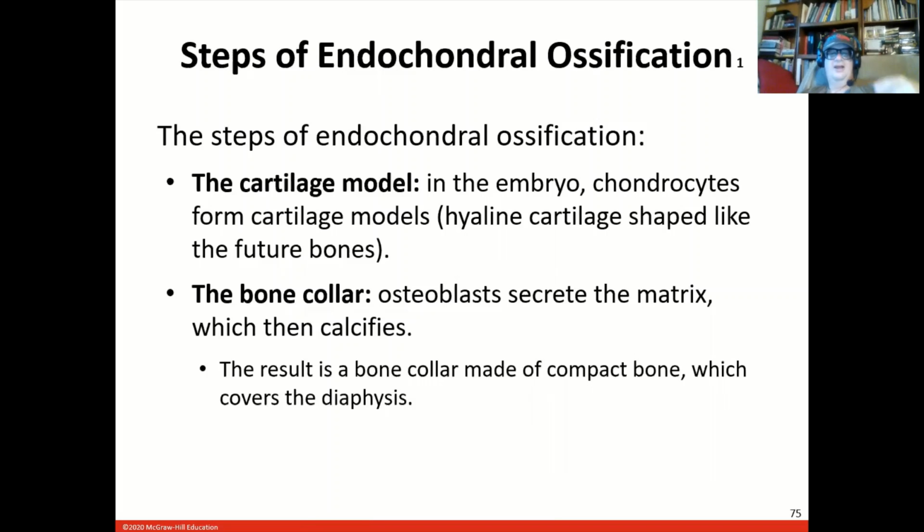The osteoblasts in that membrane are going to build bone matrix. And that bone matrix will then get filled with the calcium and the phosphate to make the hydroxyapatite. So you get a collar. You'll still have a cartilage model, but it will have around it a little collar of bone on the diaphysis.